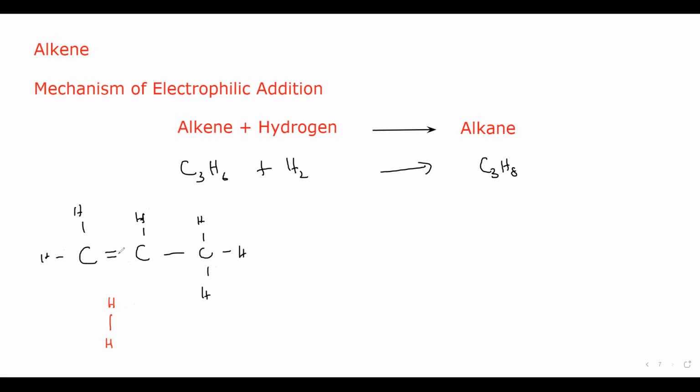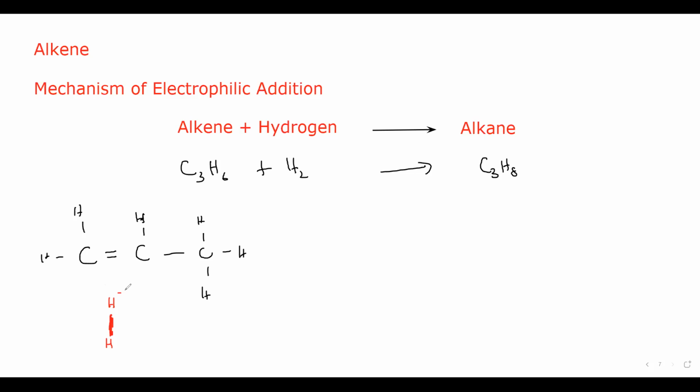Look what happened. The high electron density of the carbon-carbon double bond repels the hydrogen-hydrogen single bond, and there is more repulsion because there are more electrons. Here we have 4 electrons, but in hydrogen we have only 2 electrons. So when the carbon-carbon double bond repels, the electron density of the hydrogen bond shifts towards the other side.